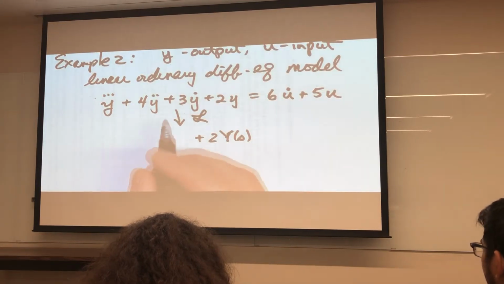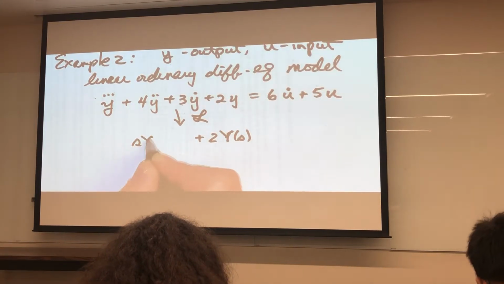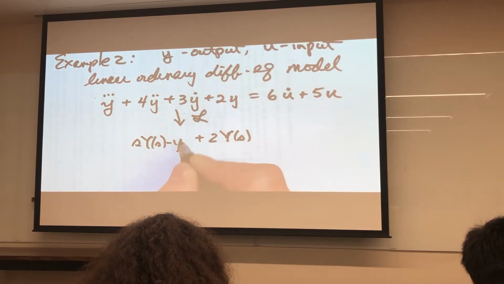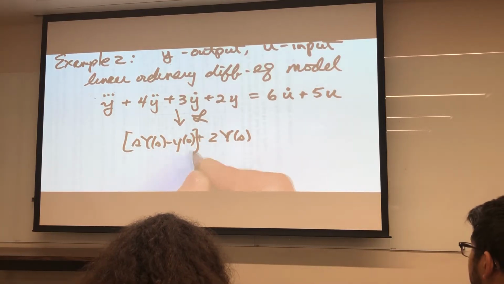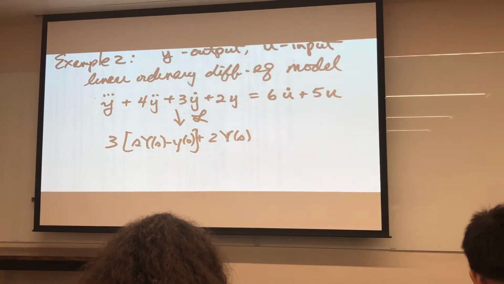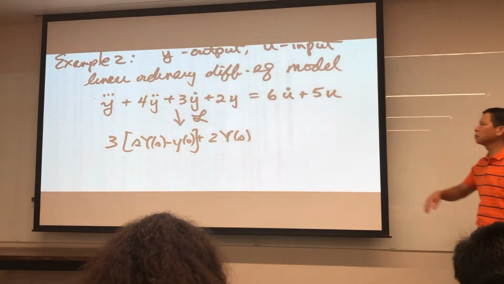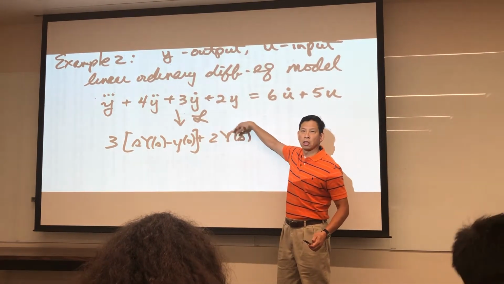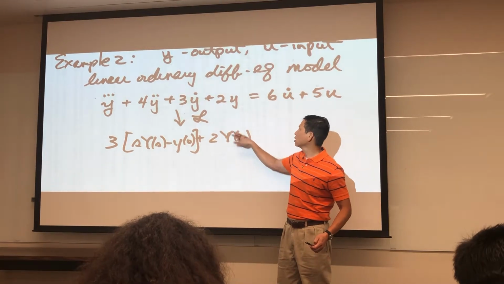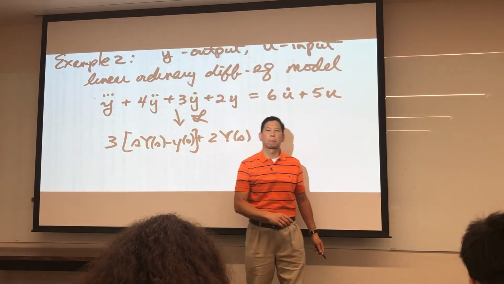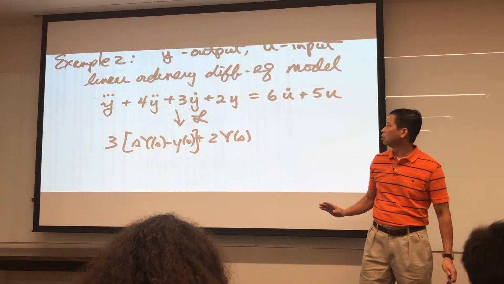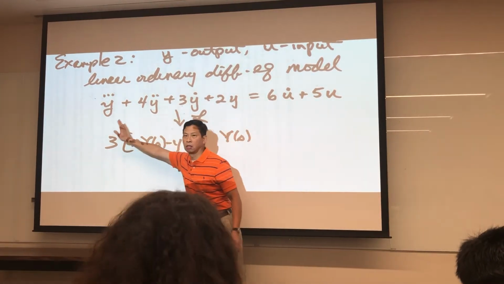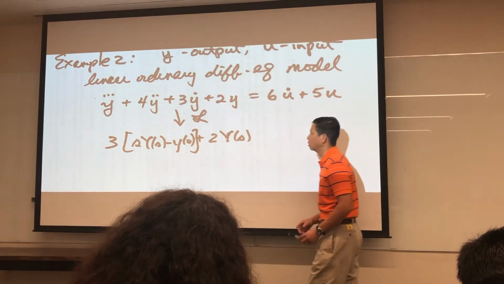So we have s Y of s minus y at time 0. I'm going to put a bracket around it and then put in a 3. Okay. I'm not going to have room to put all this equation in, but I'm just trying to illustrate what we're doing. We're simply just translating English to French. We're using a new notation. Instead of lowercase y of t, it becomes capital Y of s. Scale it, and we'll do this. Okay, at this point, you could probably go through and do all the rest. Same sort of idea. We'll do that in a moment.